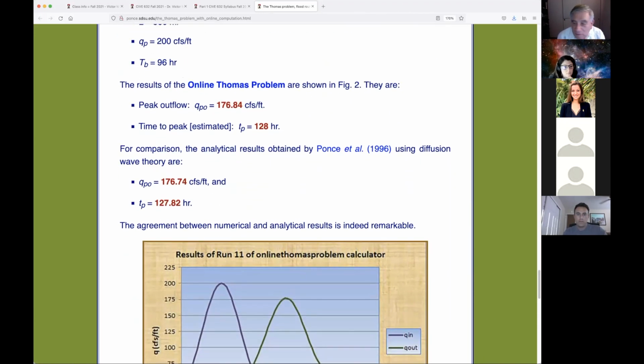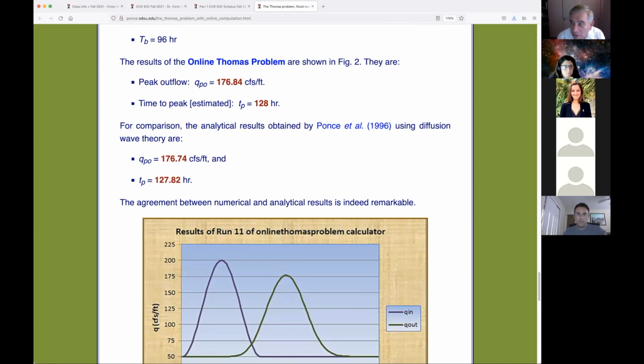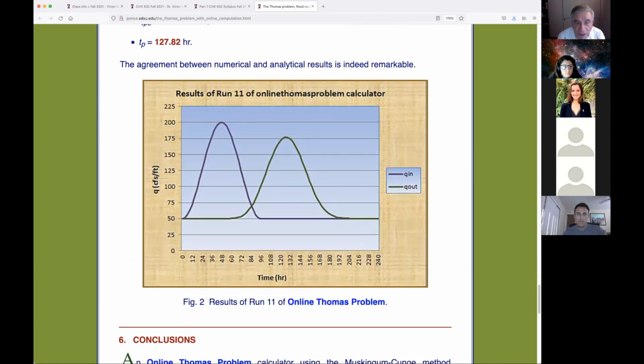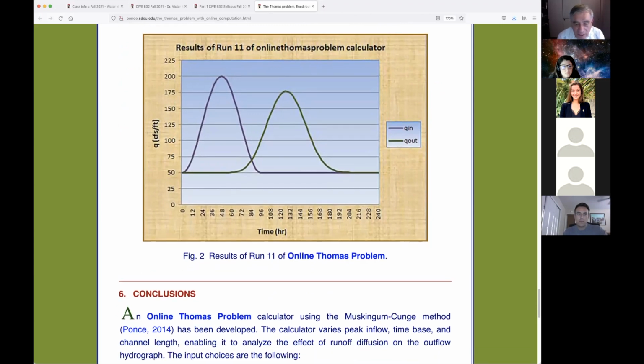Comparison, the analytical result that I already showed you last time was 176.74, so they were very close. That means our PHP calculation, our model, was a good expression of the actual thing, and you see it in there plotted directly from the calculator.